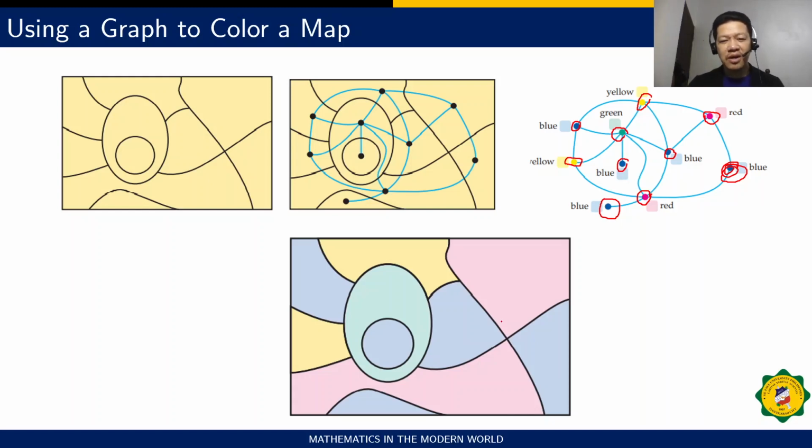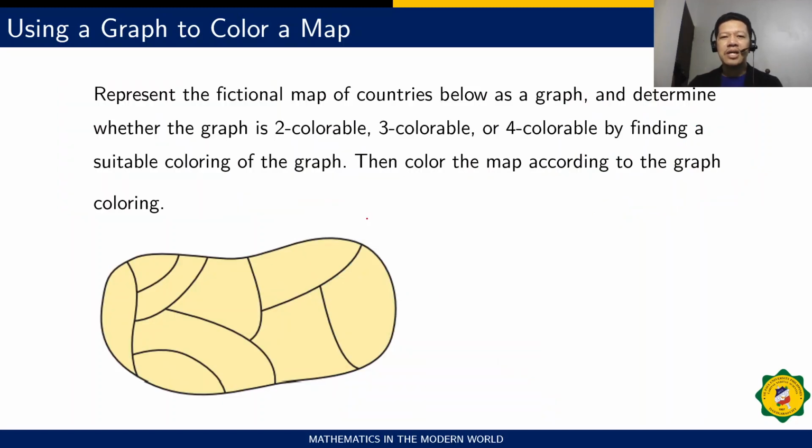And in here we need to find the minimum number of colors that you need to use. Okay, so this one is another problem. So there's no color for each part or section of this map here. So you need to actually convert it to a graph, to a planar graph, and think of colors to use, and check whether you can use 2 only or 3, or it may be 4 colors.